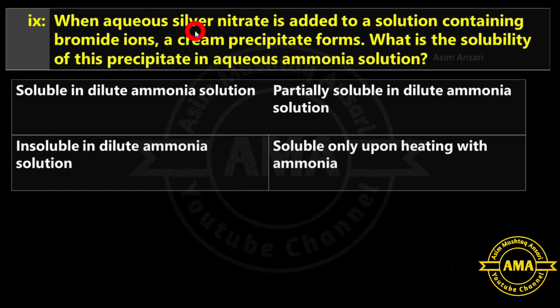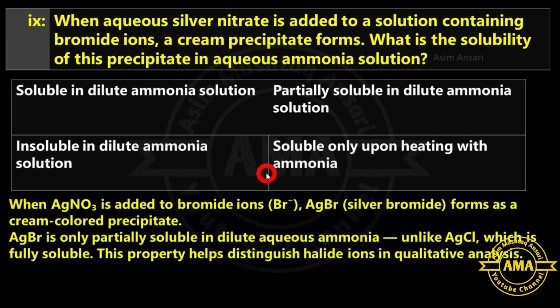Next is: when aqueous silver nitrate is added to a solution containing bromide ion, a cream precipitate forms. What is the solubility of this precipitate in aqueous ammonia solution? A is soluble in dilute ammonia solution. B is partially soluble in dilute ammonia solution. C is insoluble in dilute ammonia solution. And fourth is soluble only upon heating with ammonia.